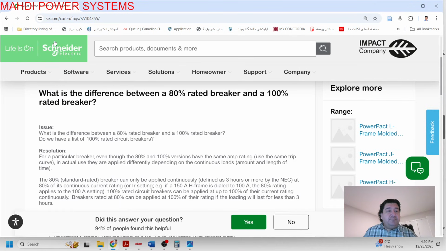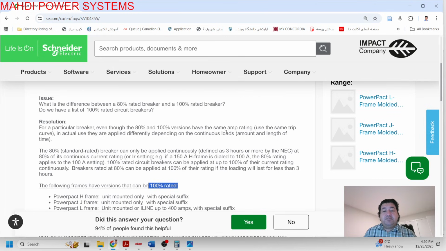This Schneider website is the best source for this discussion. What is the difference between an 80% rated breaker and a 100% rated breaker? An 80% rated breaker can only carry continuous load, defined as 3 hours or more by the NEC standard, at 80% of its current rating. Here is an example: if the breaker is 150 amp, derate it to 100 because the breaker is 80% rated.